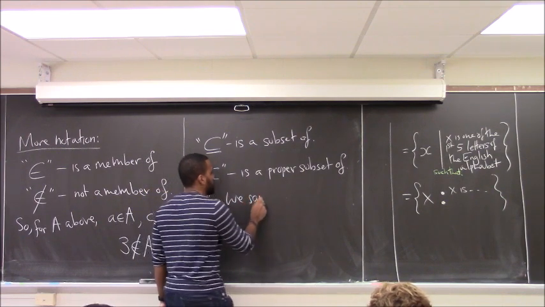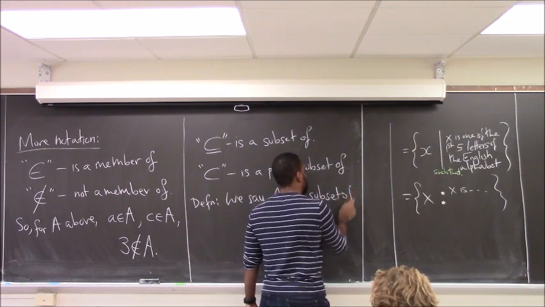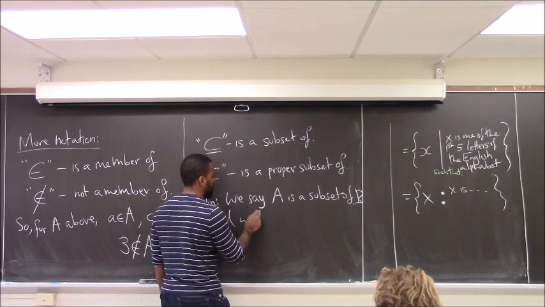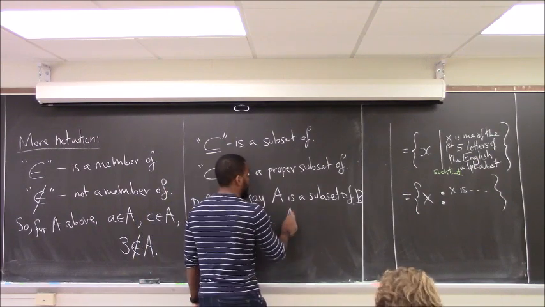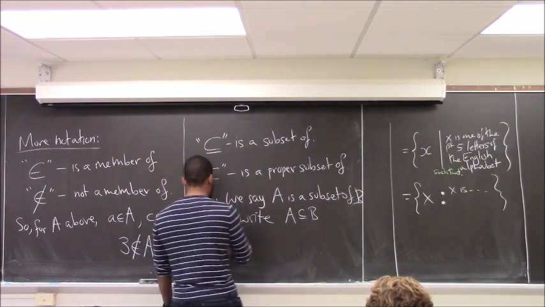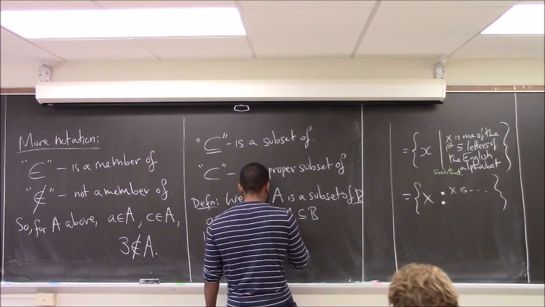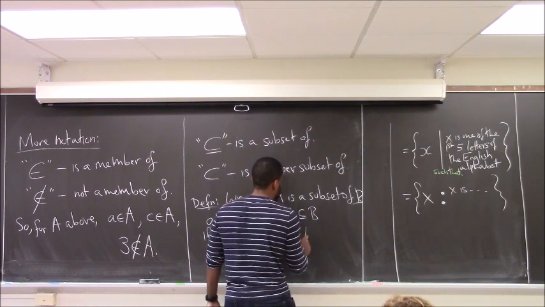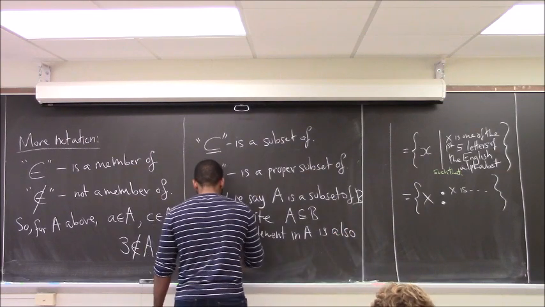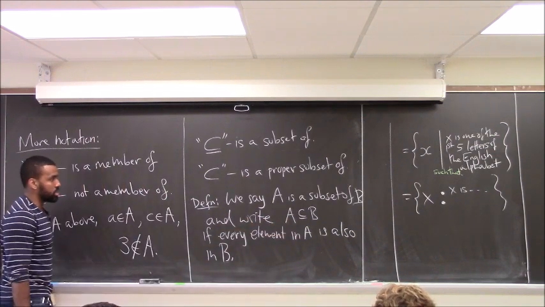We say A is a subset of B and write A subset B if every element in A is also in B. Everyone that's in here is contained in there, we call A a subset of B.